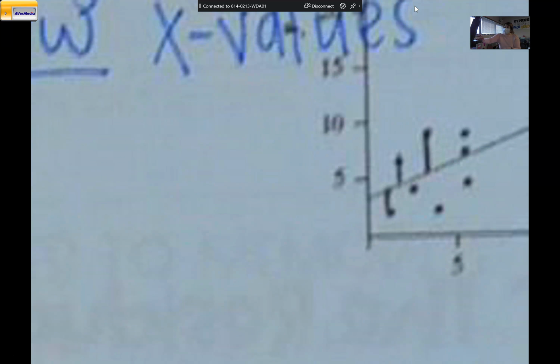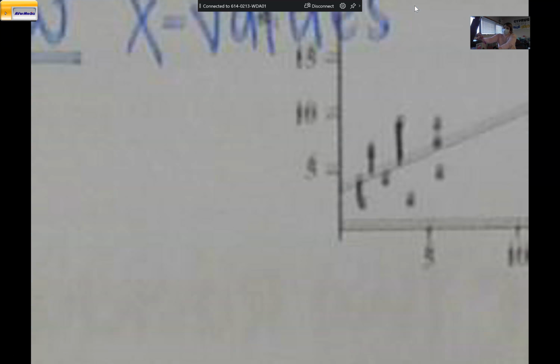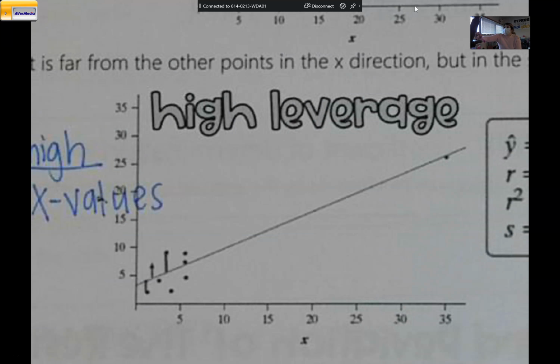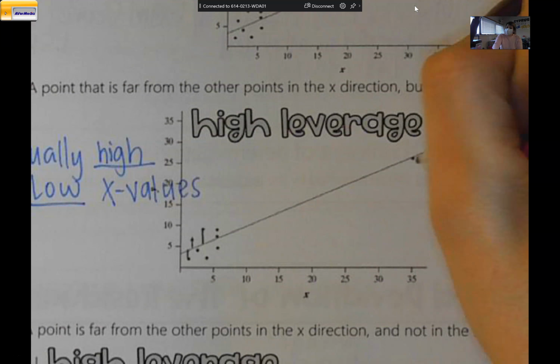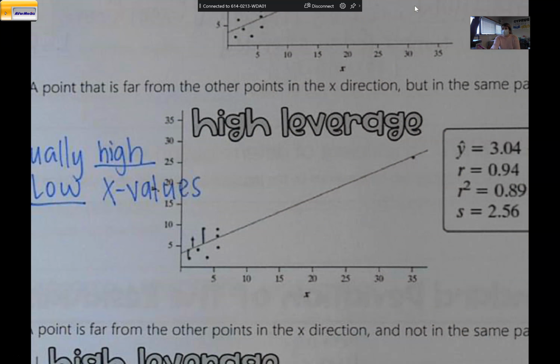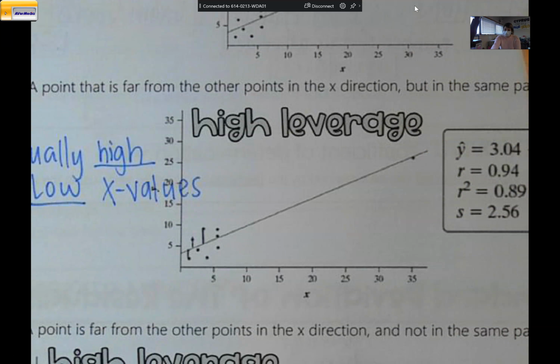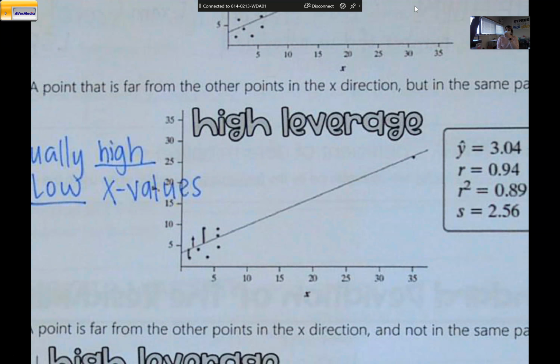Okay, well, now if I include this new point, he is very, very close to the line, which means that his residual is very small. Because it's very small, that means S will decrease.